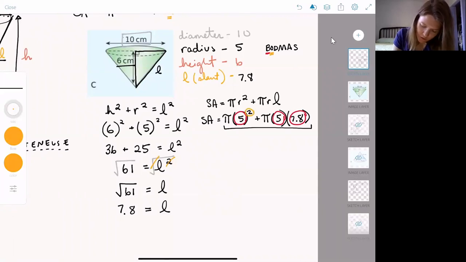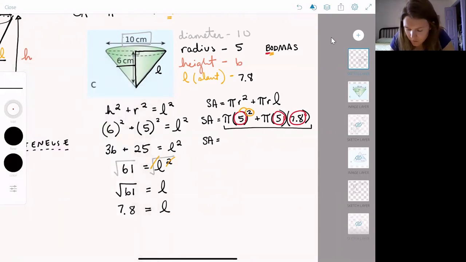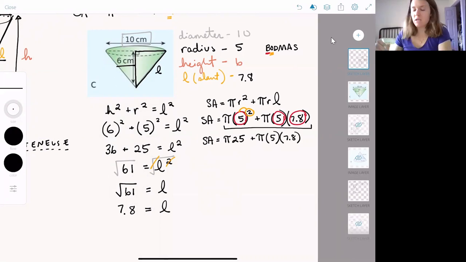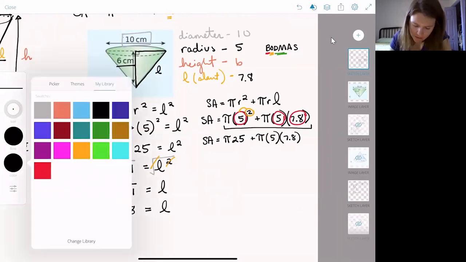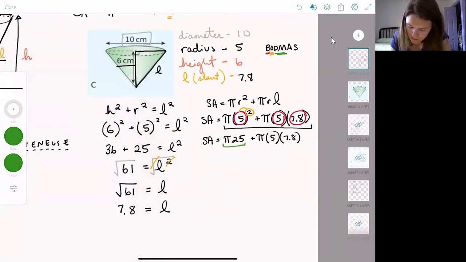So I want to square the 5 next. So surface area equals pi times 25. Good. Now, I want to do multiplication and division. So I want to multiply these two numbers together, and then these two numbers together.